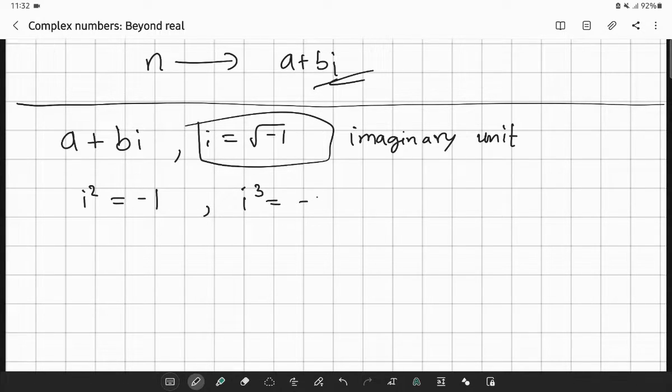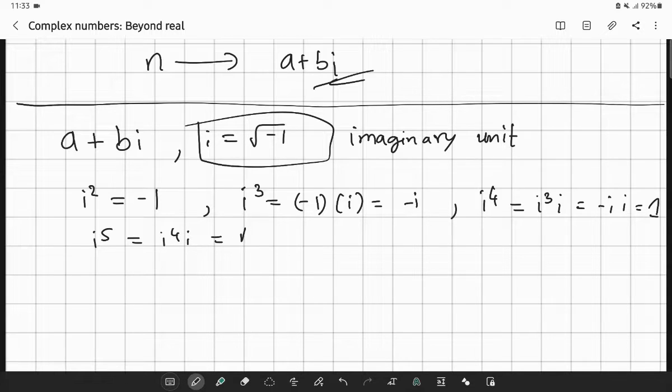We get -1 times i, which is -i. When I take the fourth power of i, I have i cubed times i, which is -i times i, which is 1. And when I take the fifth power of i, I get i raised to 4 times i, which is 1 times i, which is again i.